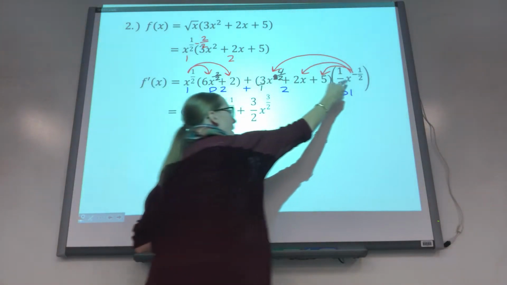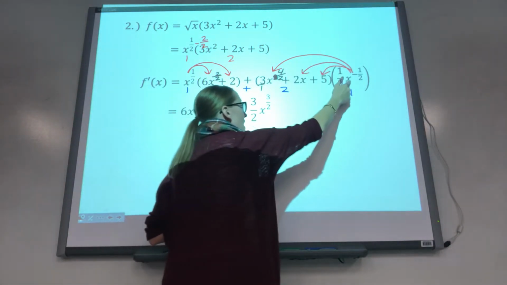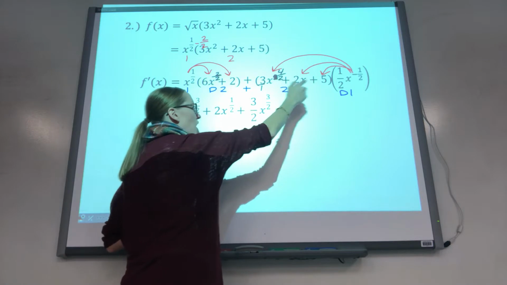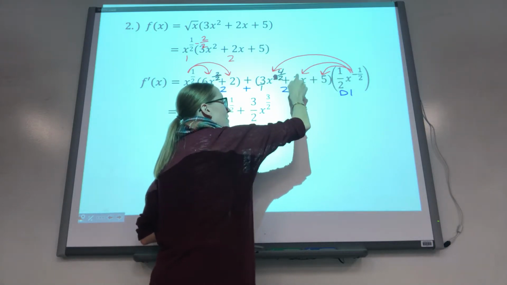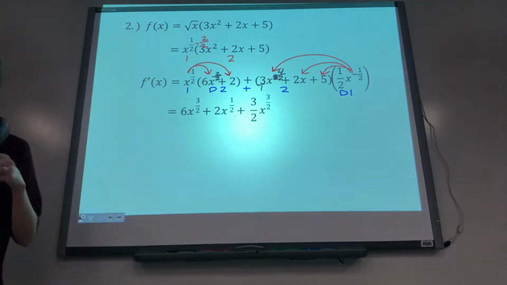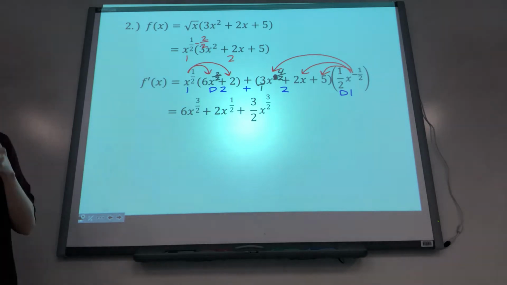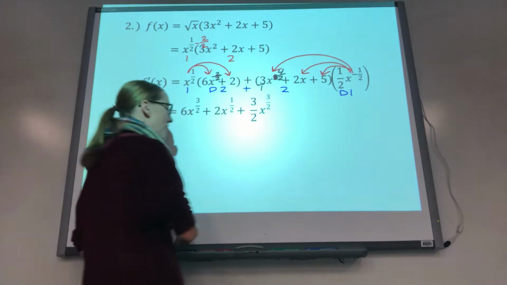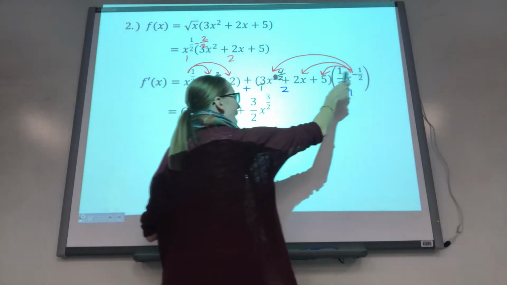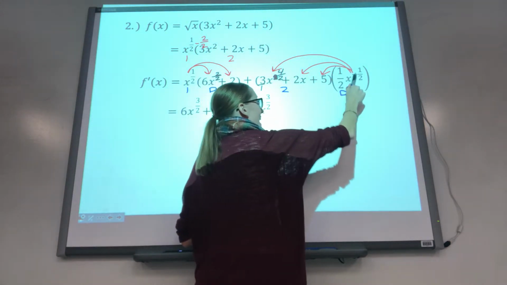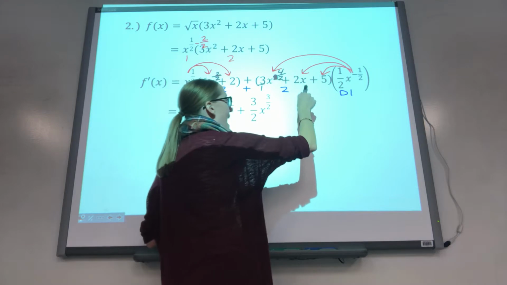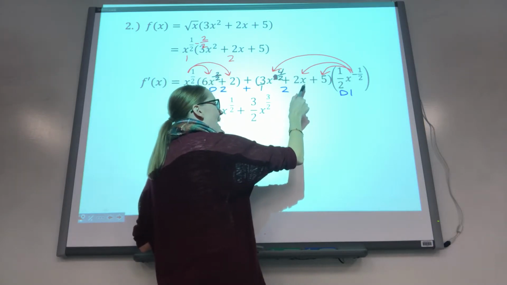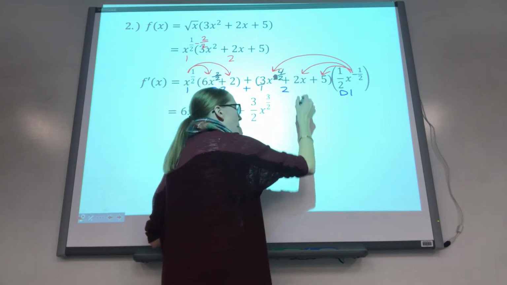Now, I'll go ahead and keep going here. Now to the next term, 1/2 times 2 is just 1. So you don't really need to put the 1 there because you're going to have other stuff with it. Now I have to take x to the negative 1/2 times x to the 1st power.